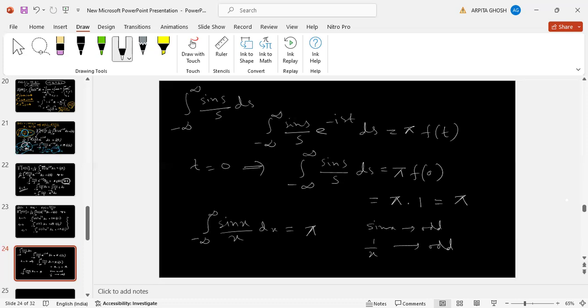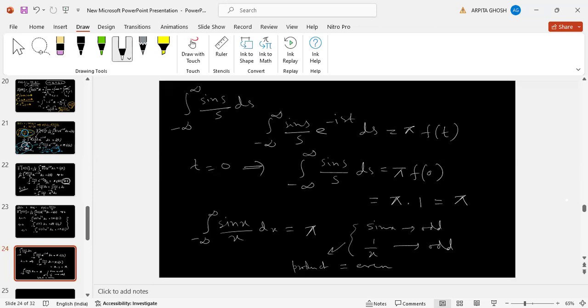Yes ma'am, sin x is odd, 1 by x is also odd. Therefore their product is even. Odd into odd is always an even function. So the product is an even function. Therefore, the integral from minus infinity to plus infinity of an even function is equal to pi.